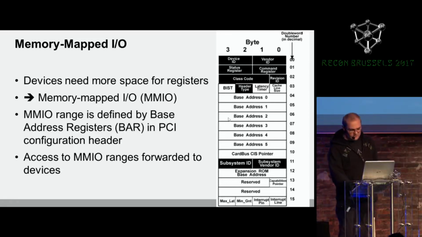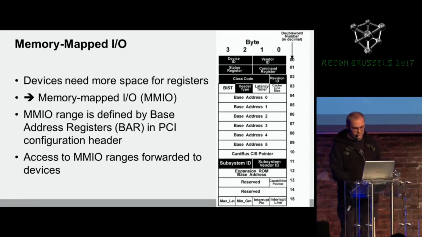If you look at the header of the PCIe configuration space, there is the device ID, the vendor ID, the status register, some other registers, and then base address 0, which is the first MMIO BAR. As you see here, there is just the address, so we don't know the size.